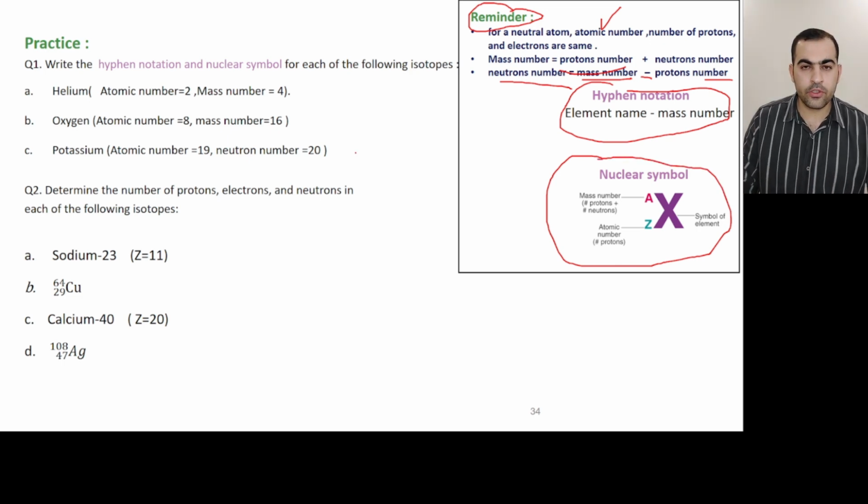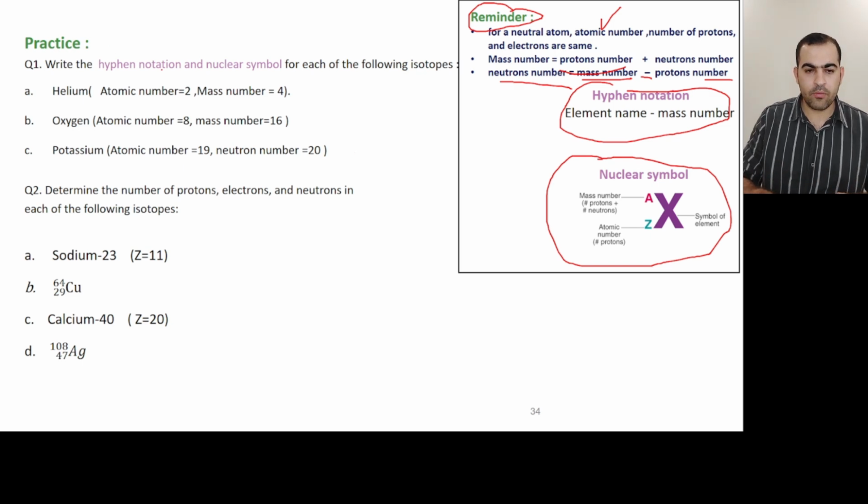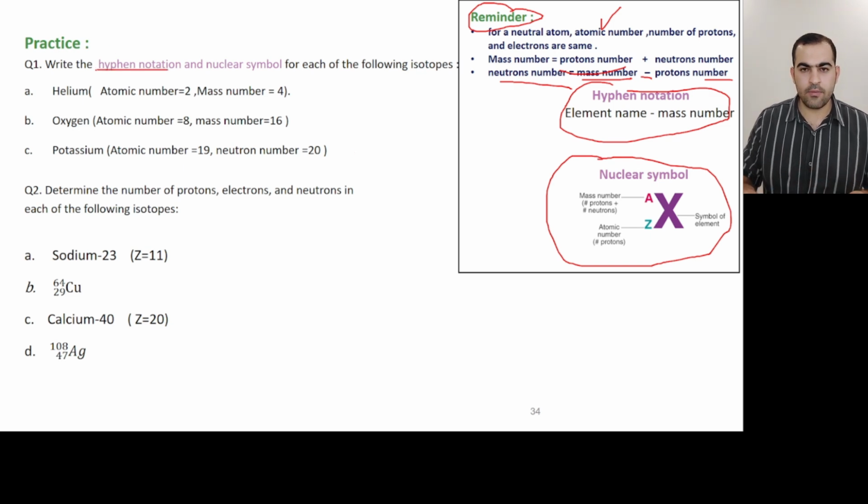Helium atomic number is 2, mass number is 4. For hyphen notation, we write the element name.